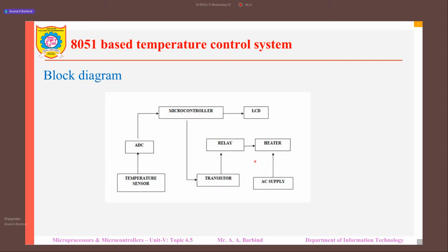Okay, so like that, any controller system can function in this particular fashion. This is only the temperature system, but in this fashion, through a relay, you can control any device.